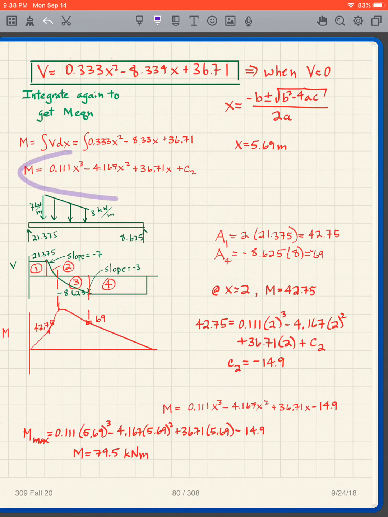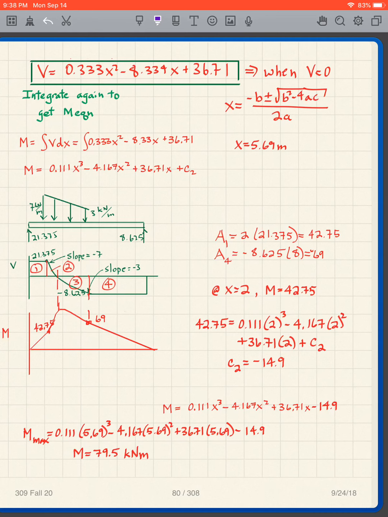We've integrated that, and we tack on the C2. At x equals 2, I use this point, M equals 42.75, and I get my C value, which is negative 14.9, so my entire M equation is this.